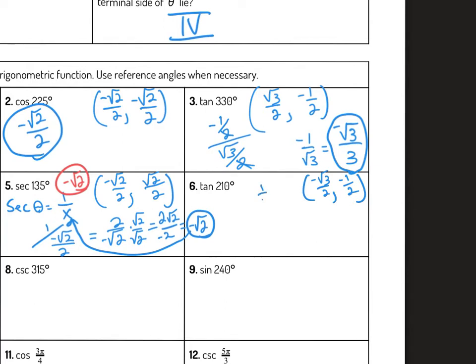So 1/2 over square root of 3 over 2. Now we can put the negatives in, but I would just immediately cancel them out. This reduces to, the 2's will drop out once we multiply by the reciprocal. We'll end up with 1 over the square root of 3, which we know is square root of 3 over 3 once you rationalize it. And once again, it's 210 in the third quadrant. I know that tangent's going to be positive.